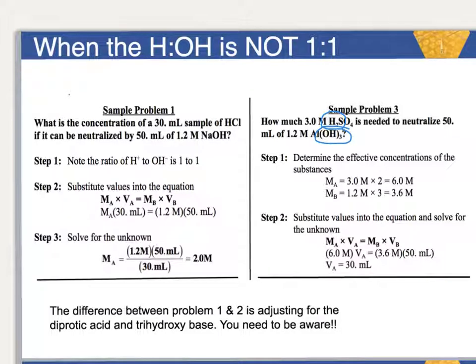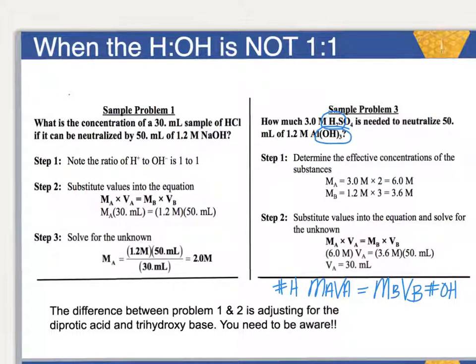Now, what I usually do is just substitute in the formula. I usually just do MaVa equals MbVb. And what I build into my formula is the number of H's and the number of OH's.